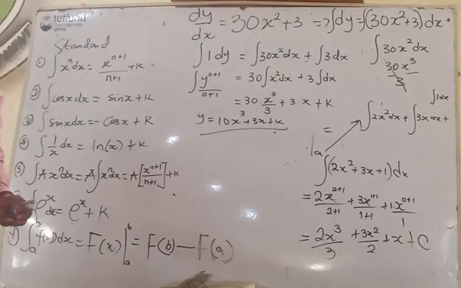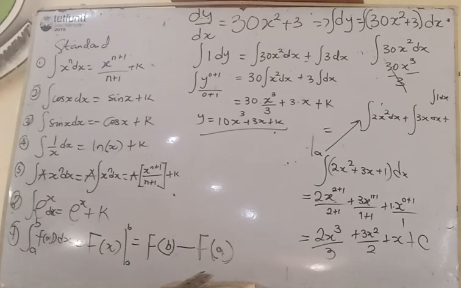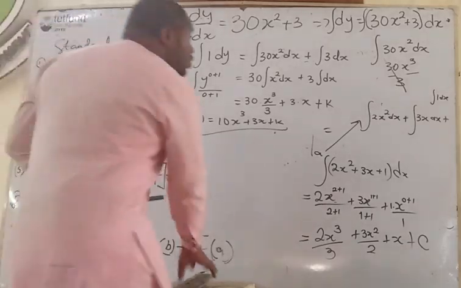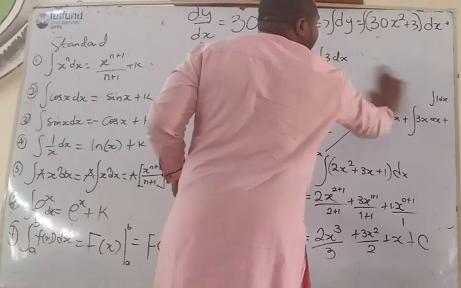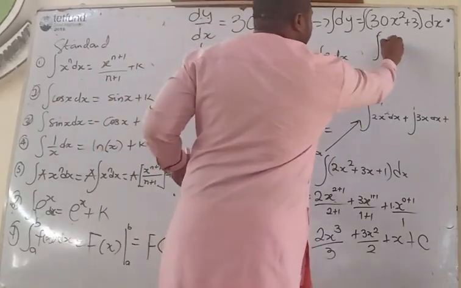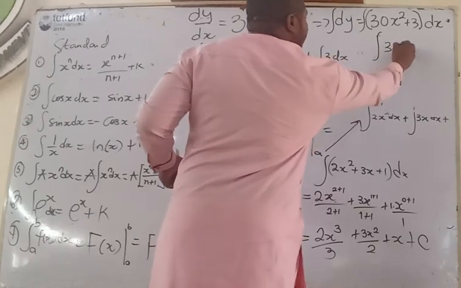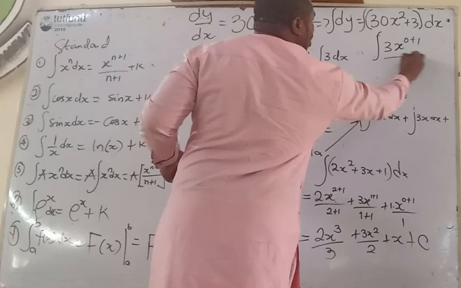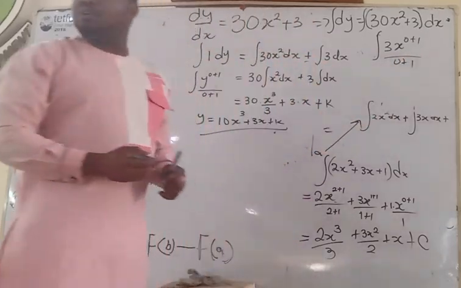So you can do it anyway, it is still the same thing. Any confusion? For the 3, if you want to do it straight, you have the integral of a constant 3, x raised to 0 plus 1 upon 0 plus 1. Any confusion?